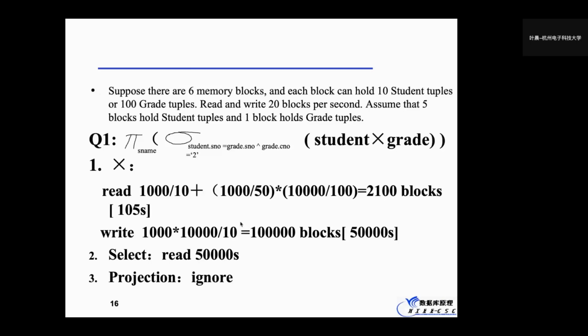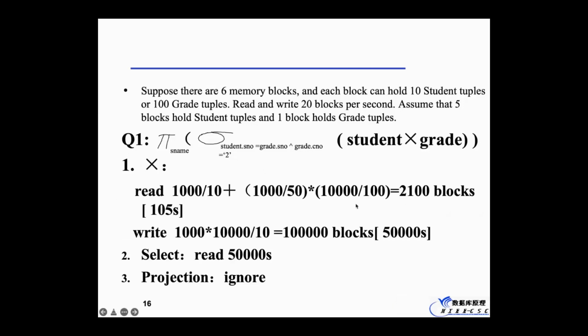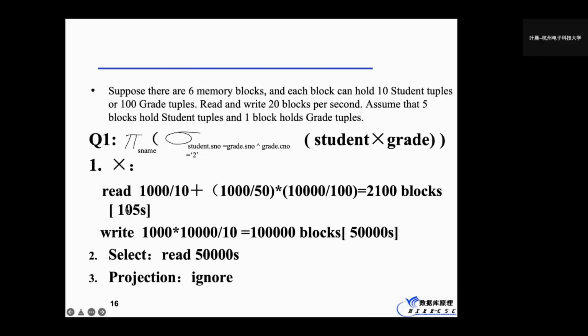Then for the first writing like this, we have the Cartesian product, which costs like this, and then we have the time is like this, which includes the time of read and write.